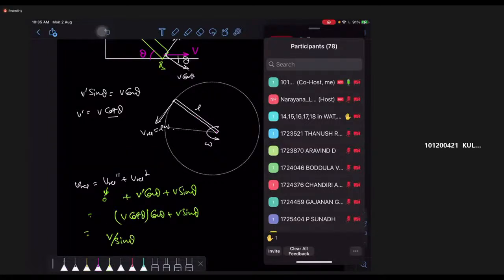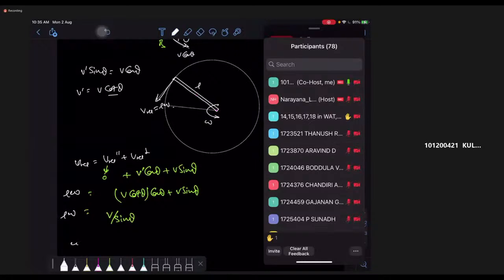And this V relative, in terms of my omega, gives me L omega. Overall, I'm getting the value of omega as V by L sine theta.